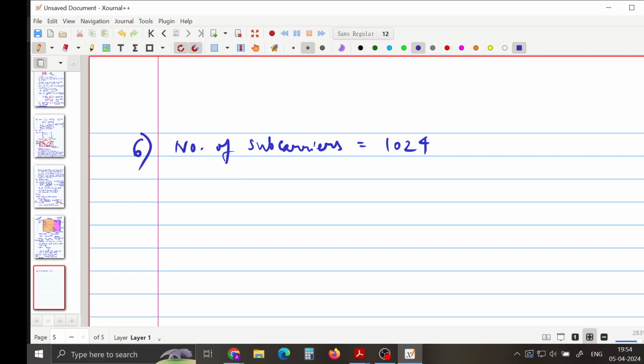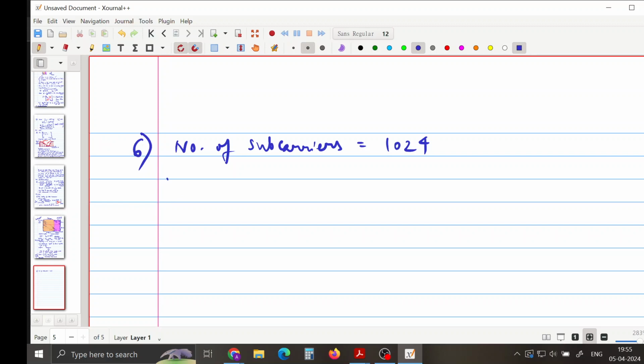If it's not specifically mentioned, you can assume these are the subcarriers which are available for transmission of data. Sometimes the question can specify that out of all the subcarriers, only certain subcarriers are meant for transmitting data. So keep that in mind. In this question, these are all data subcarriers.